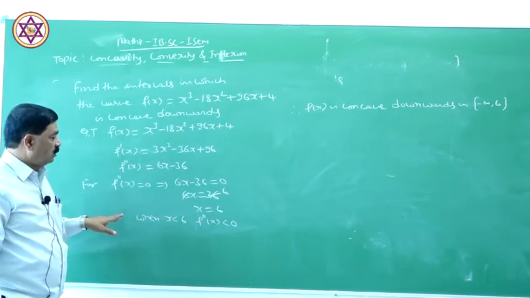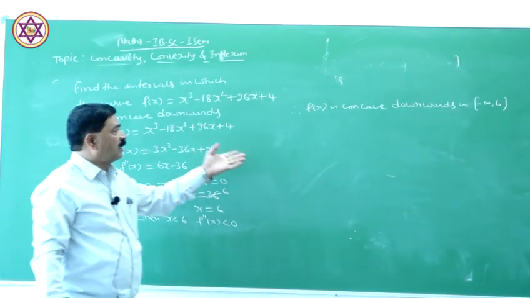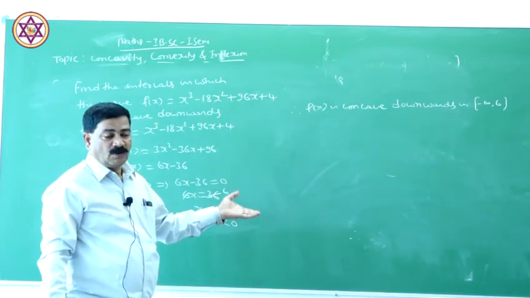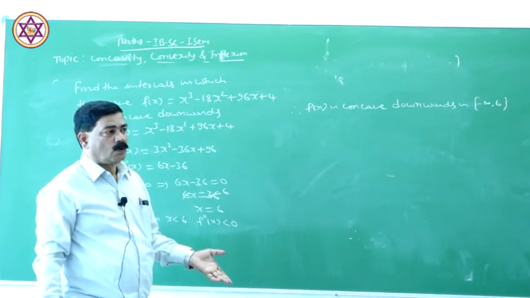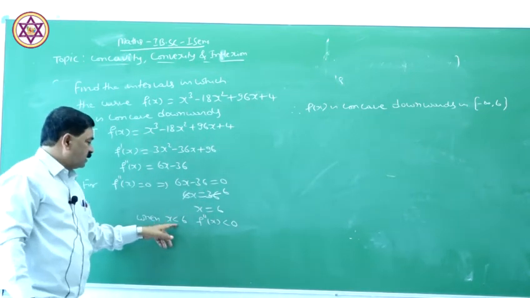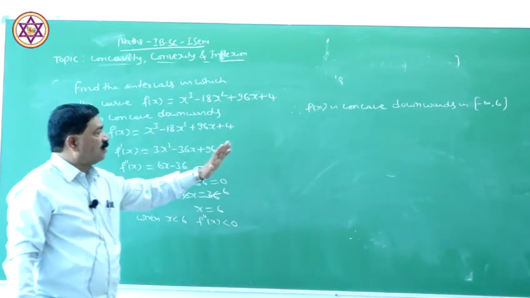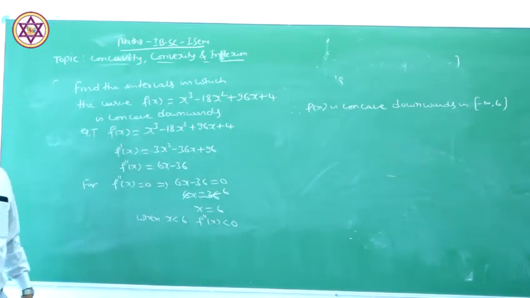If you take any value less than 6, the second derivative becomes negative. If the second derivative is negative, it is concave downwards. If the second derivative is positive, we say concave upwards. Here, when x is less than 6, the second derivative is negative, therefore f(x) is concave downwards in (−∞, 6).